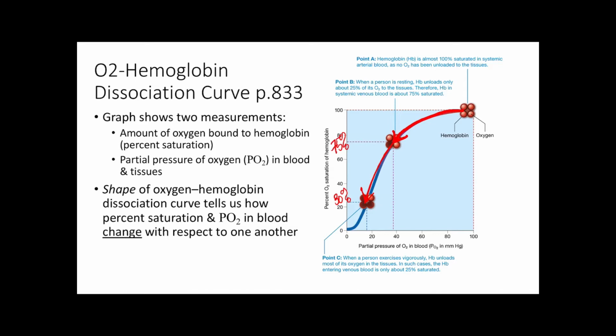So hemoglobin can offload a lot of oxygen very quickly if it has to, if metabolic demands require extra oxygen in order to maintain metabolism.